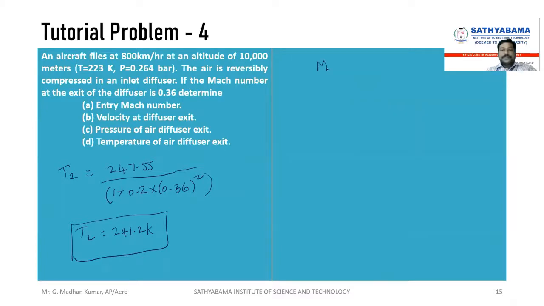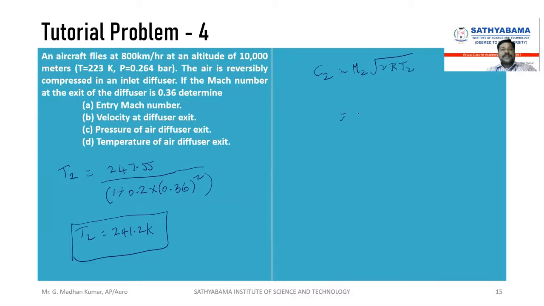So M2 is equal to C2, that is, we have to evaluate C2 now. So C2 is equal to M2 root of gamma R T2, right?